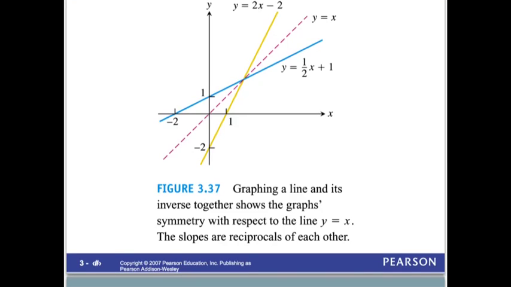By the way, here is just a graph of, first of all, the original function y equal 1/2 x plus 1 with a slope of 1/2, and in yellow here is the graph of y equal 2x minus 2, and you can see that its slope is 2, and therefore the reciprocal of the slope of the original function.